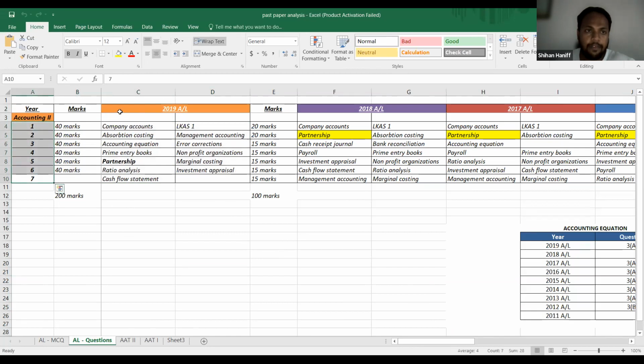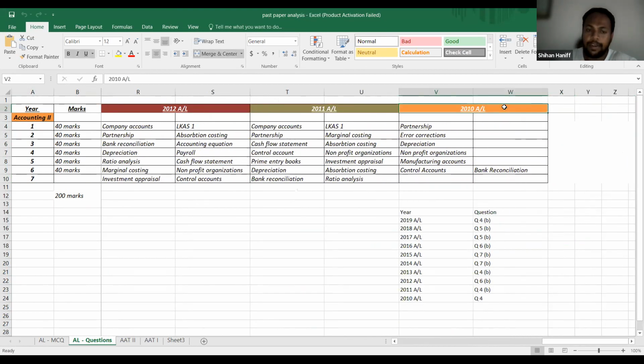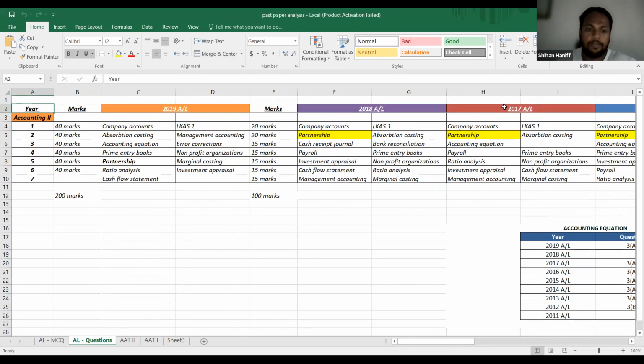Here I have given the years 2019, 2018, 2017, and likewise it goes up to 2010. So we will be doing questions from 2010 to 2021. We are trying to do all the past paper questions.